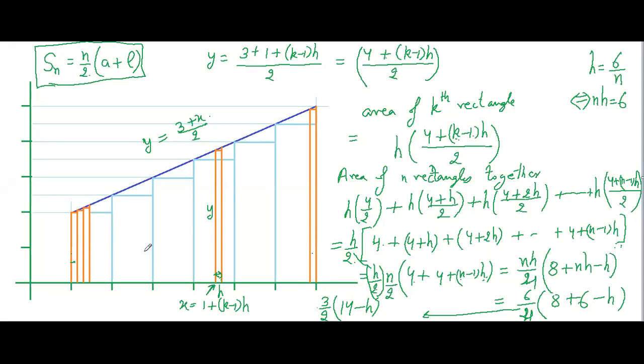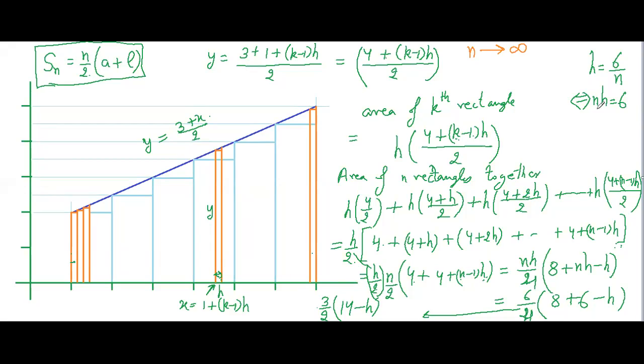What will happen if we take n to be infinitely large? Infinity we denote by this symbol in mathematics and physics also. If we take n approaching a very large value, infinite, what will be the value of h?